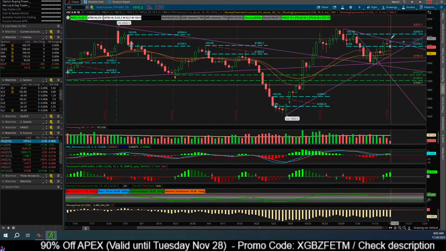Actually, there was a resistance too here at almost 2000. What was it? 1996 on Friday went up and then came back, and now we are below the first day opening range as well.